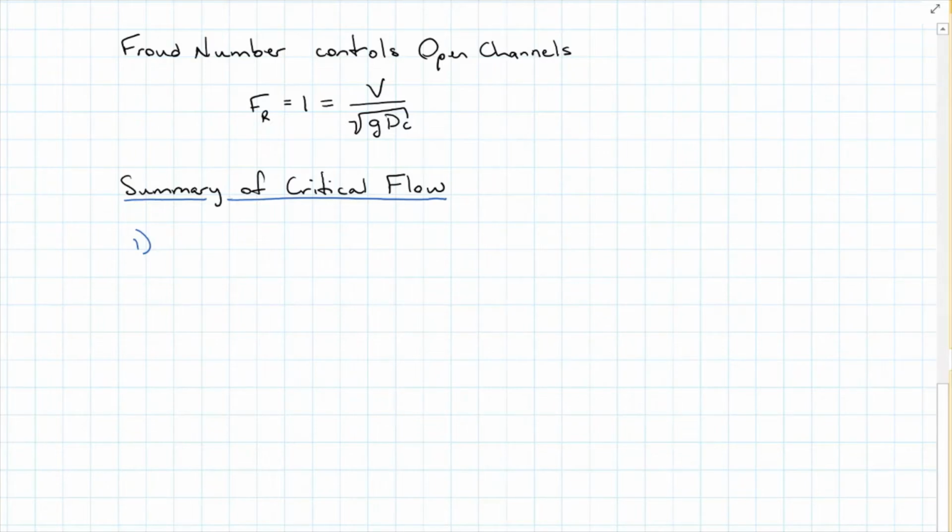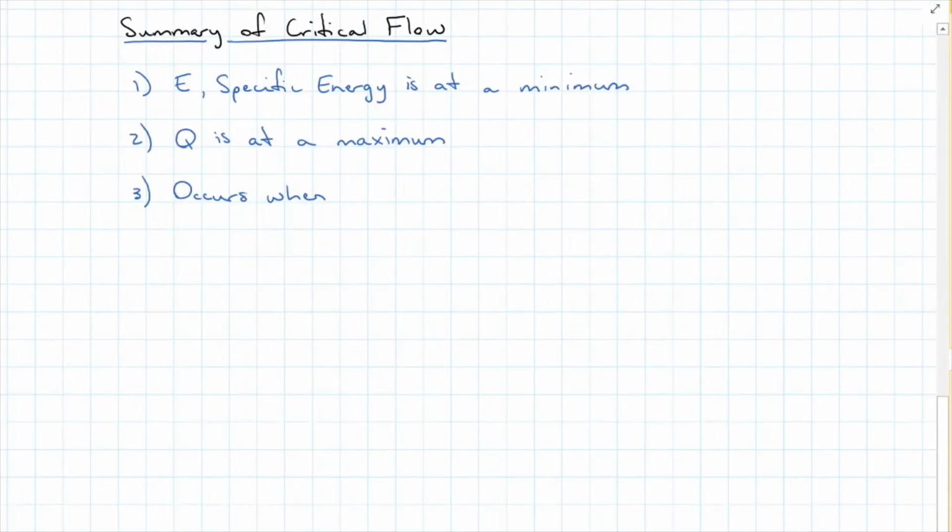Our summary of critical flow, all the main points are: 1, E is at a minimum, so that's the specific energy, and that's when flow rate is at a maximum. It occurs when we reach that critical equation of area over the channel width is equal to flow over gravity.